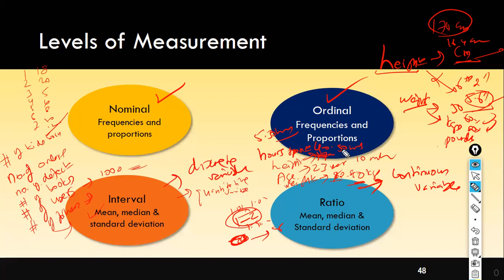Height is also a continuous variable. You never say 6 all the time, we cannot round it up. You can say 6.2, or 165.3 centimeters. So height, hours spent, age, weight.